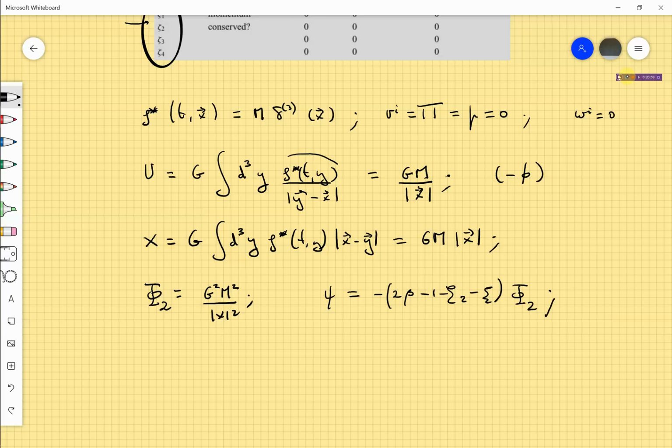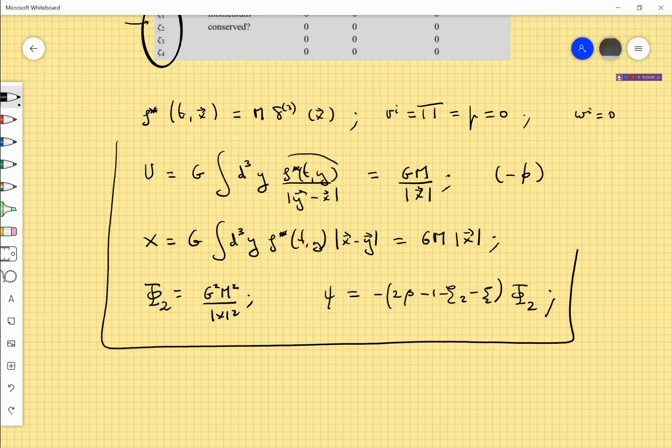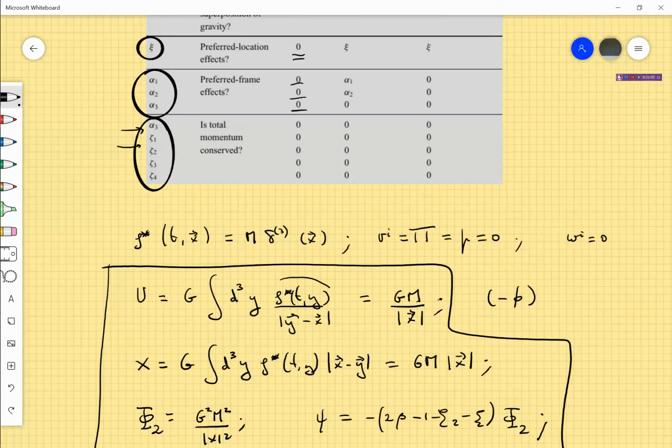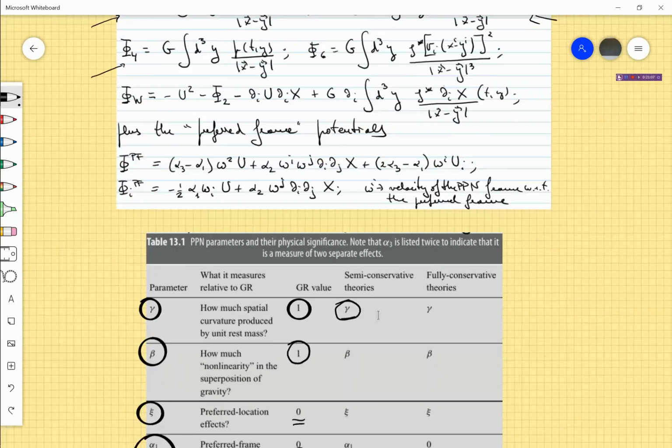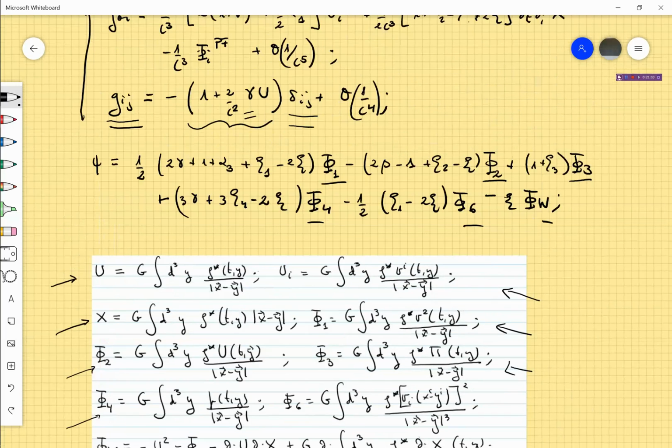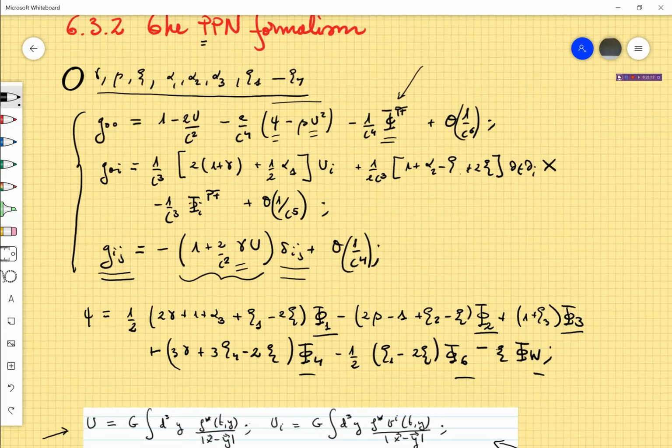So these are the 4 potentials which are different from 0, and you just have to plug this into the general form of the metric to find a metric that depends on these parameters. It doesn't depend on all of them because some of these potentials vanish. For instance this one vanishes, so I don't remember if alpha 1 appears in more places, but if it only appears here, you will not see alpha 1 anymore.